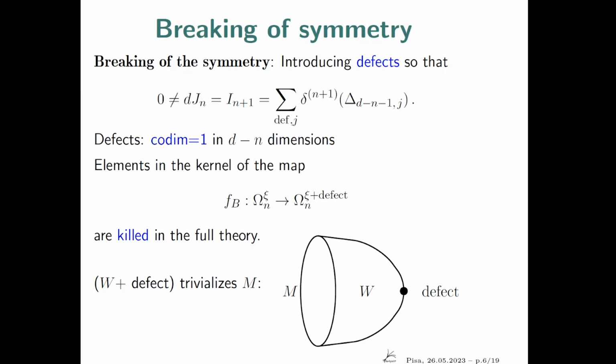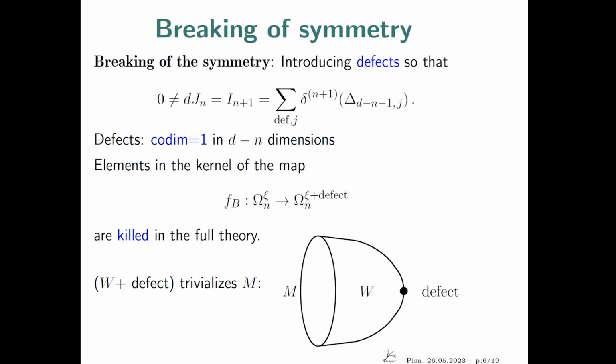But if you add this defect, so as to end at the end of this cap, then the combination of M and the defect will trivialize these two things, and then it's cobordant to 0. Of course, this is hard to compute because so far we don't really know how to compute cobordism groups with such singular objects, but this is just the idea, the picture you should have in mind.